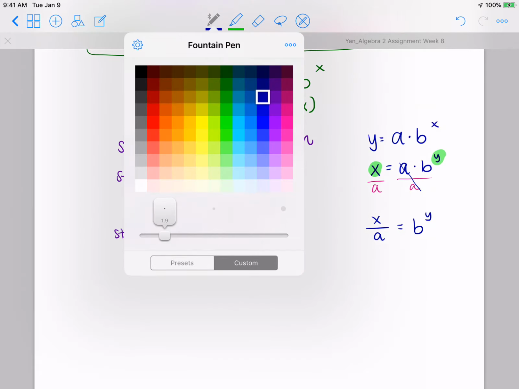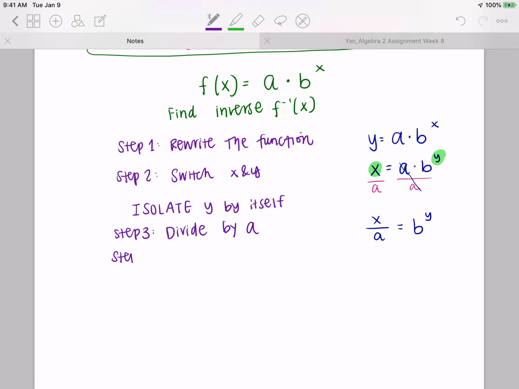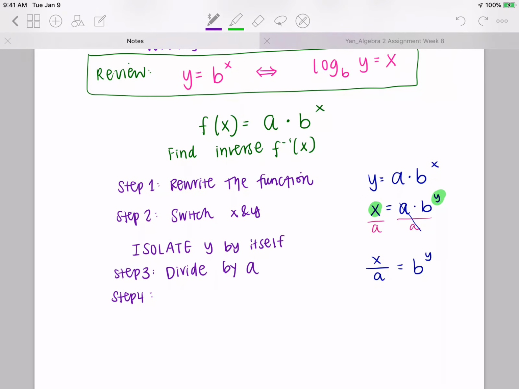And here's our last step, step 4. So now this looks familiar. If I have to solve for y, which is the exponent, I have to use log, because log helps us to isolate the y by itself. So look at our conversion formula from yesterday or from the previous lesson.